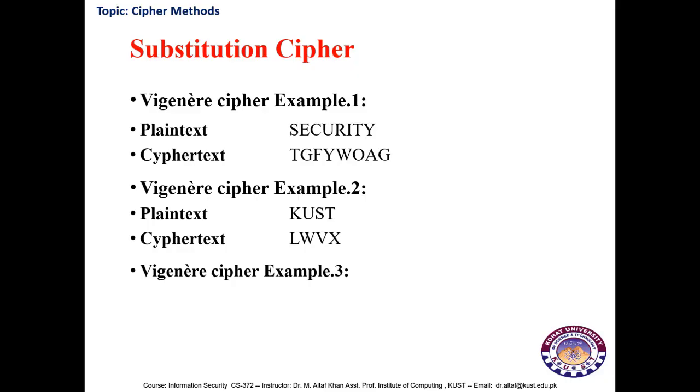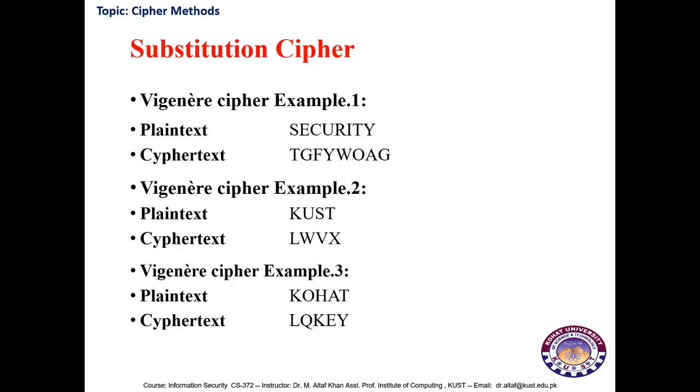In this example, we have the plain text KOHET. K is the first letter, so the equivalent of K in the first row of the Vigenere square is L, so K will be substituted by L. O is the second letter, so the second row of the Vigenere square will be considered, and the equivalent of O is Q, so O will be substituted with Q in the cipher text.